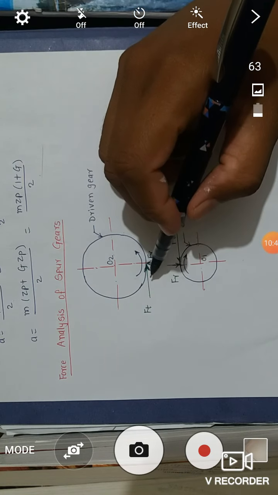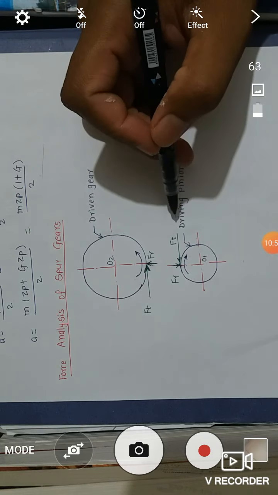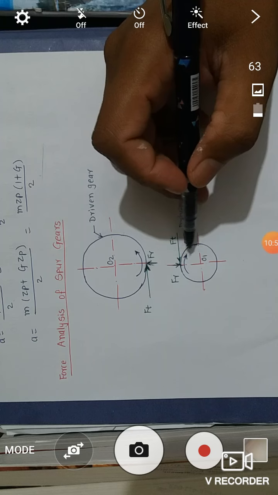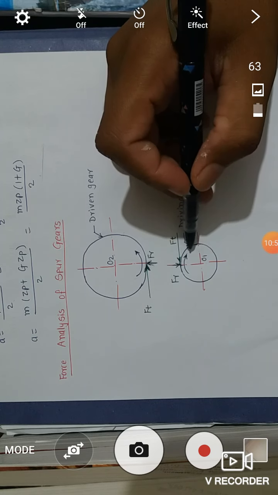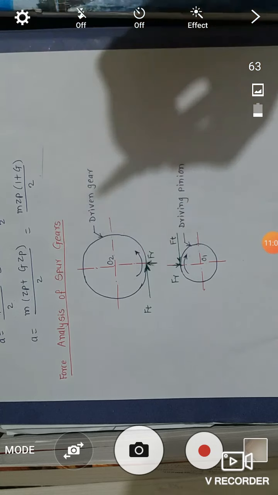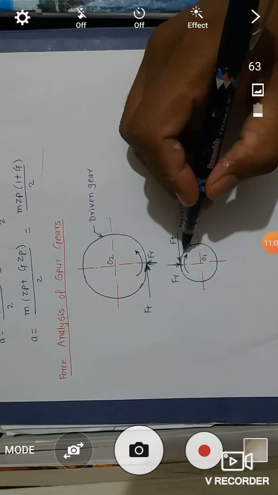For tangential force, observe which gear is the driving gear. In this case, this gear is considered as the driving gear. Then observe the direction of rotation. In this case, the driving gear rotates in clockwise direction. Then mark the tangential force which opposes the direction of rotation of the driving gear.